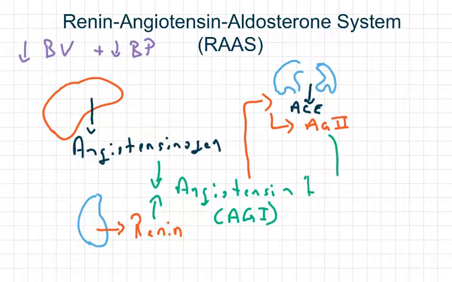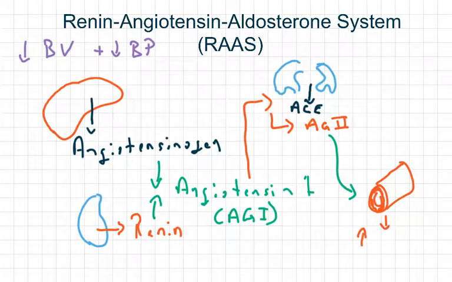The first is it works on the smooth muscle in the blood vessels, causing vasoconstriction. And by increasing vasoconstriction, this increases BP systemically in the body.